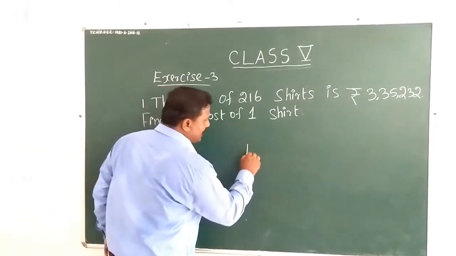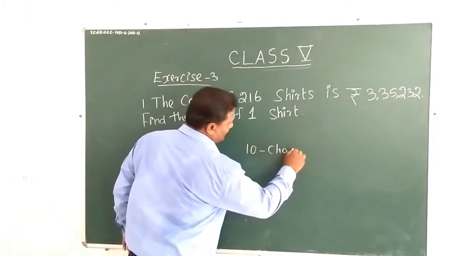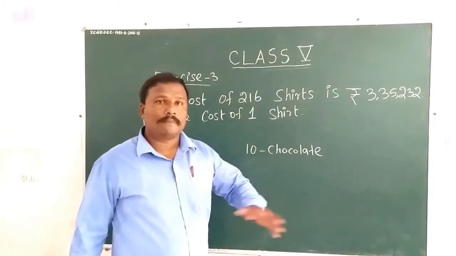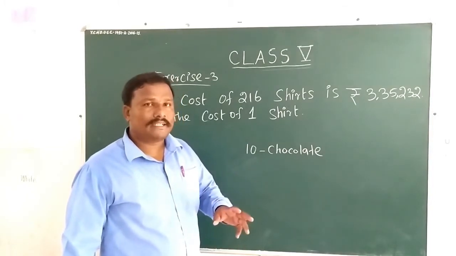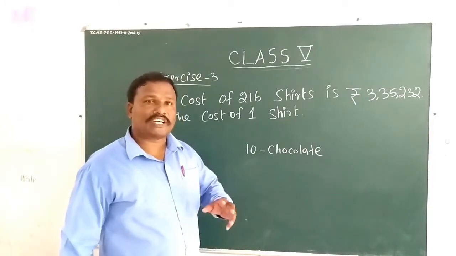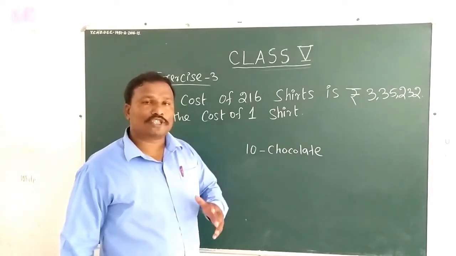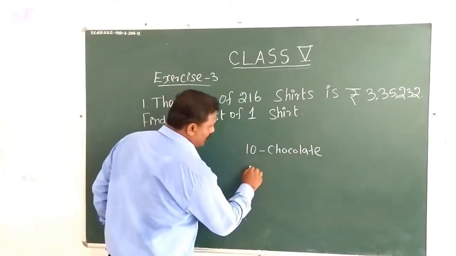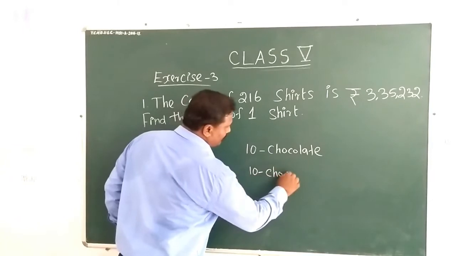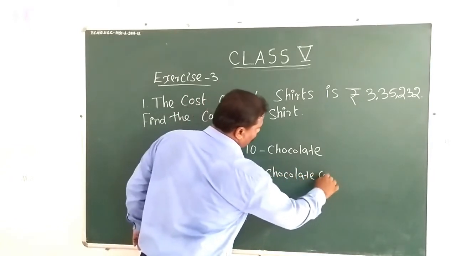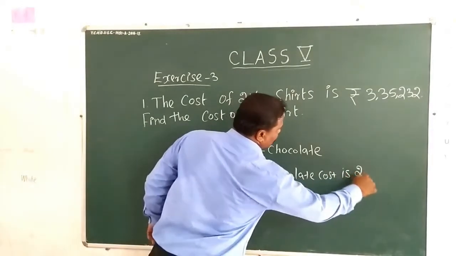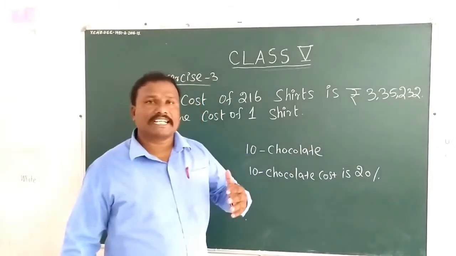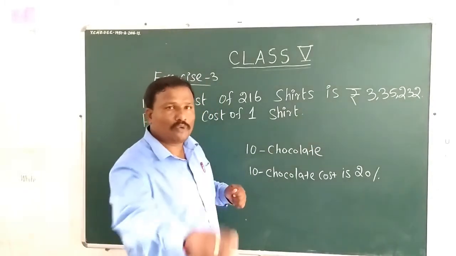You are going to buy 10 chocolates. You go to a shop and ask the shopkeeper, "Sir, I want 10 chocolates." Then the shopkeeper tells you the cost is 20 rupees. So 10 chocolates cost 20 rupees.